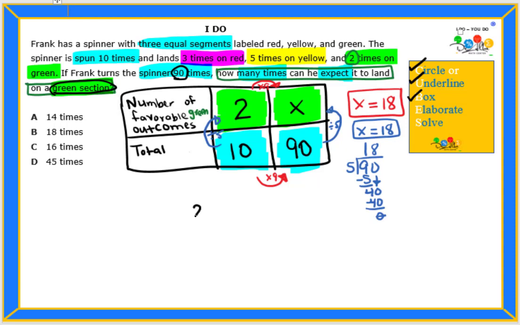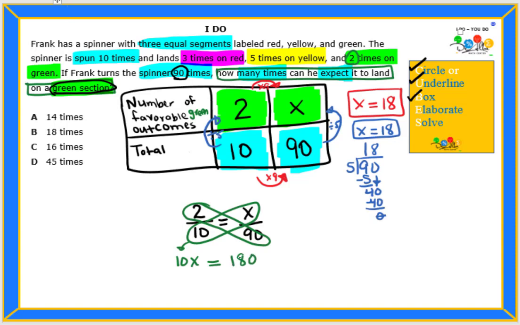So we put 2 over 10 is equal to x over 90. And then we do 2 times 90 and 10 times x. 10x is equal to 2 times 90, which is 180.